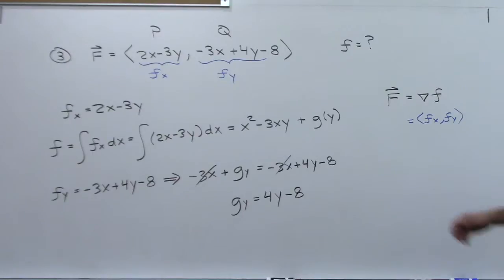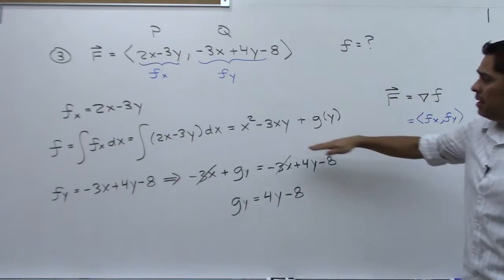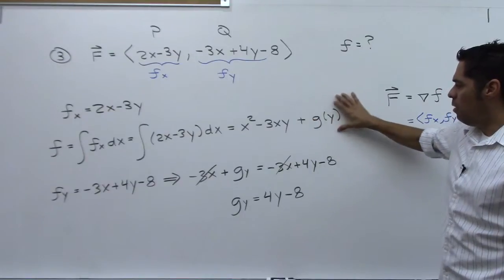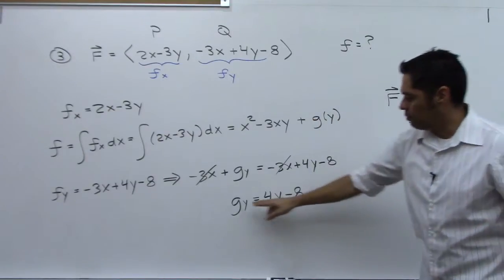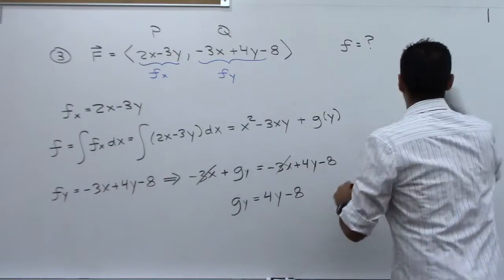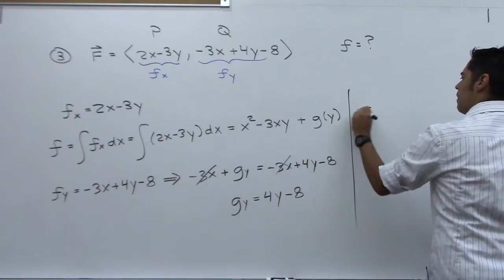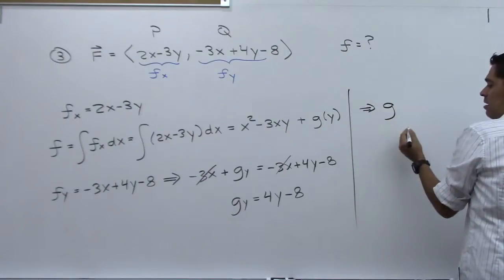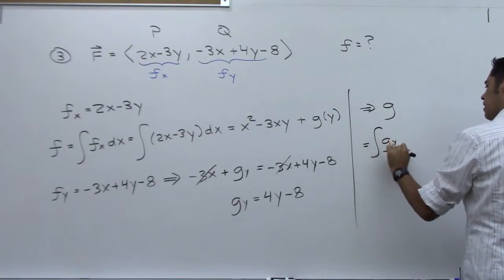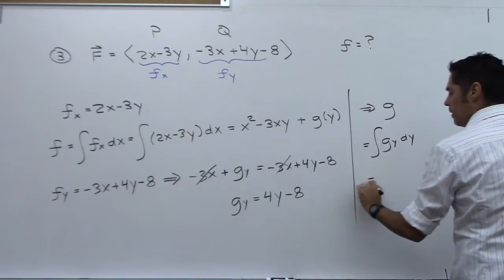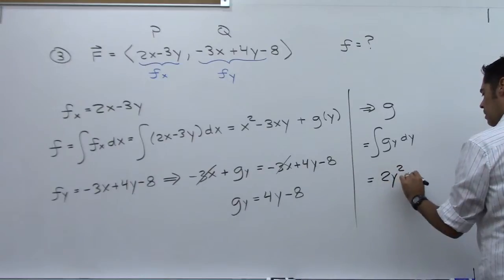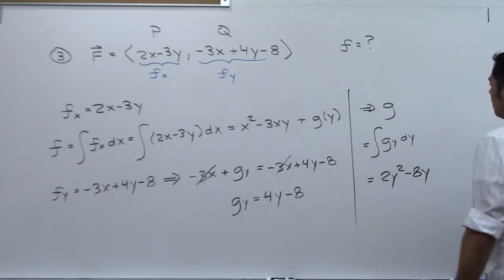Now remember, I wanted to know what f was. I just needed to figure out what this function of y was. Well, I know that the derivative of it is this, so that implies that g itself should be equal to the antiderivative of this with respect to y, which is 2y squared minus 8y.